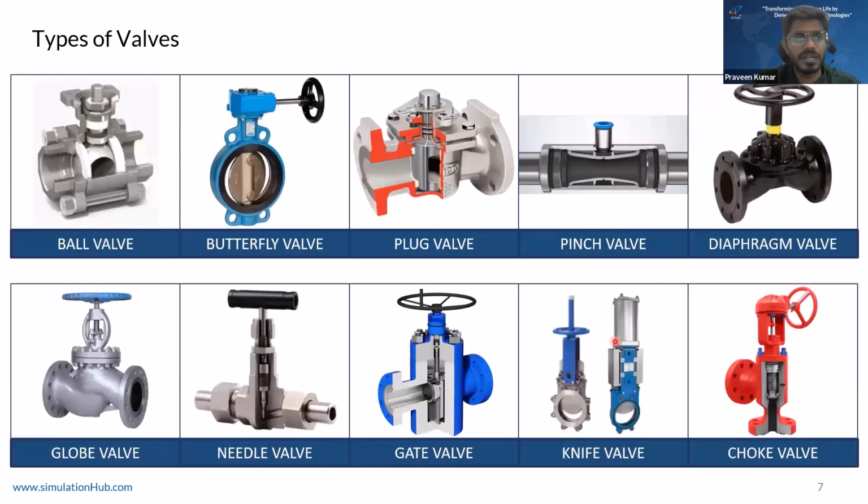Okay, so there are different types of valves, largely classified based on the motion. If the moving component, or trim, is rotating to control the flow, whether on-off or control, it is called a rotary valve. If it moves in a linear direction, it is called a linear valve. So a globe valve is a linear type valve, and a butterfly valve or ball valve can be termed a rotary valve.